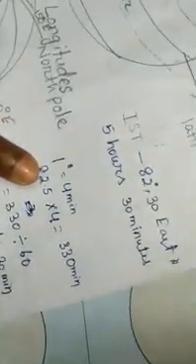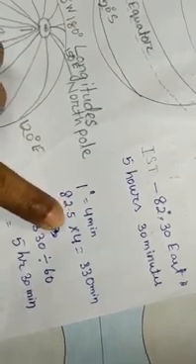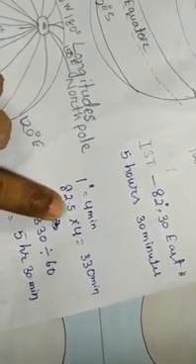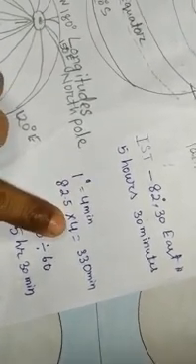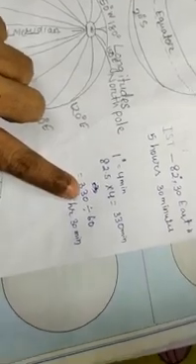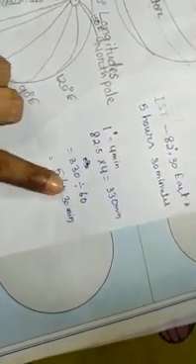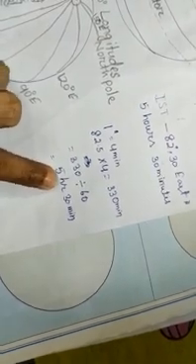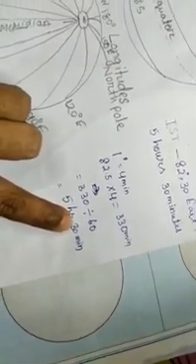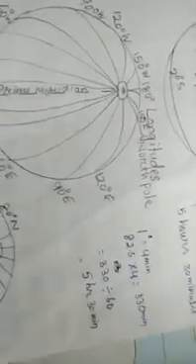So 82.5 multiplied by 4 is 330 minutes. Again we convert it into hours: 330 minutes divided by 60 is 5 hours and 30 minutes. So the time difference is 5 hours 30 minutes. Thank you.